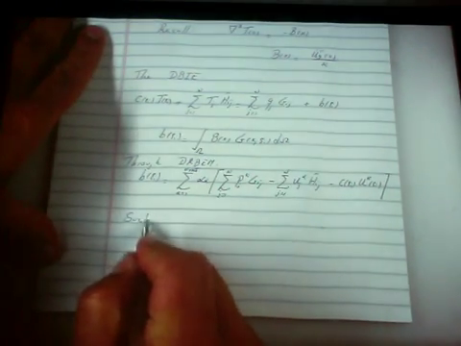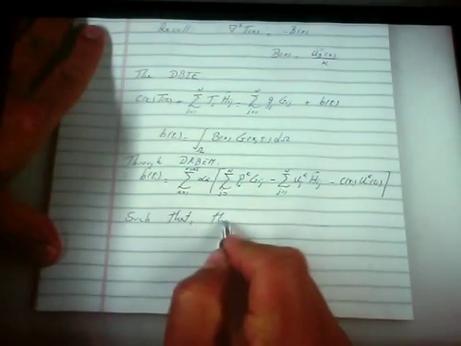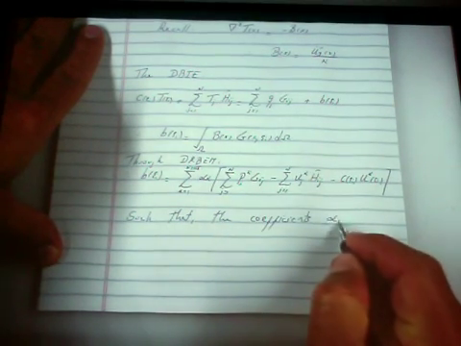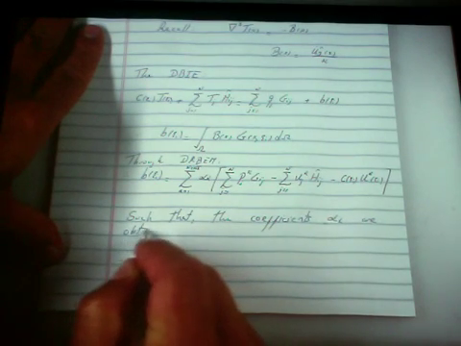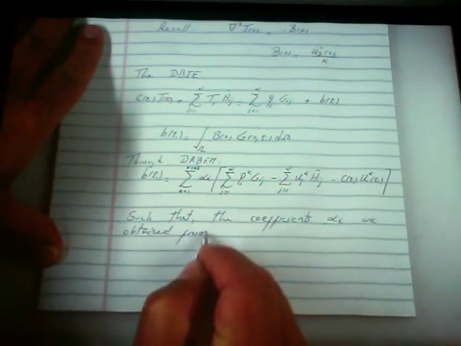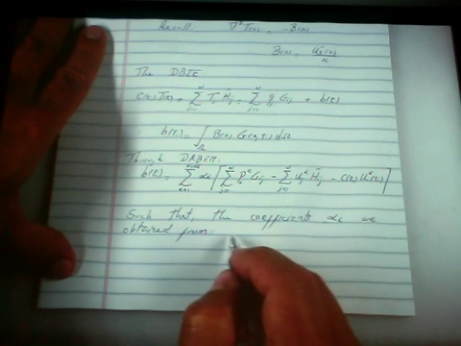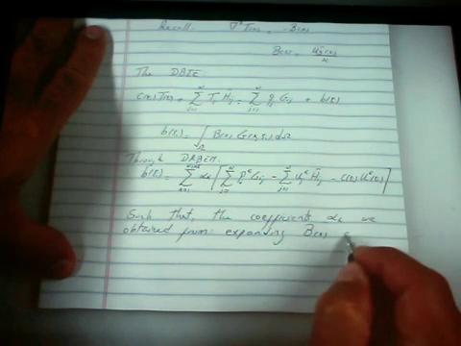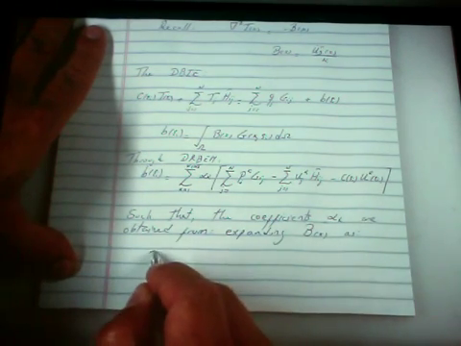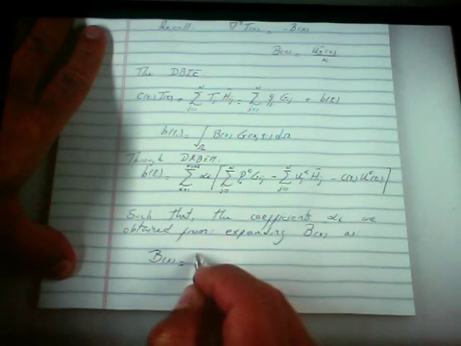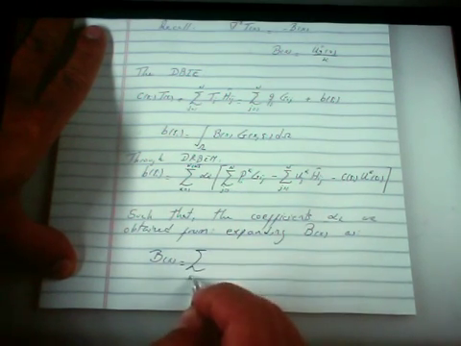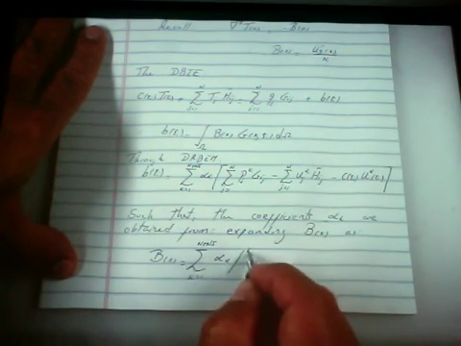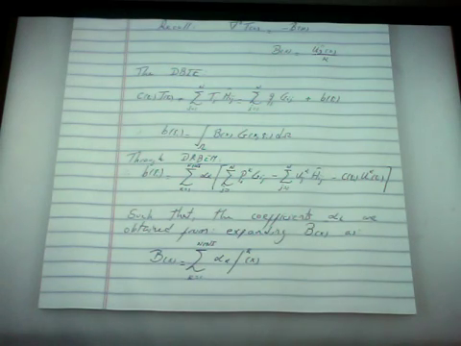Such that the coefficients alpha_k are obtained from expanding b(x), so we let b(x) be equal to the summation from k equal 1 to n plus n_i of alpha_k times some expansion functions f_k.